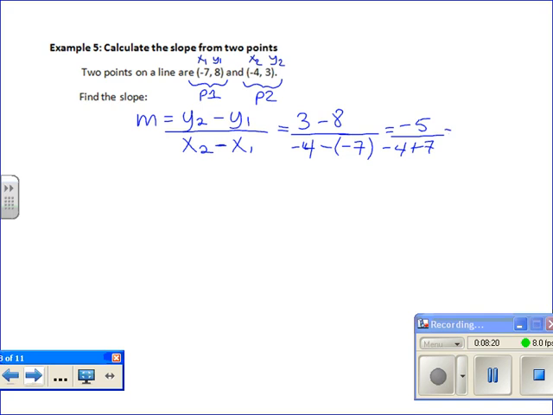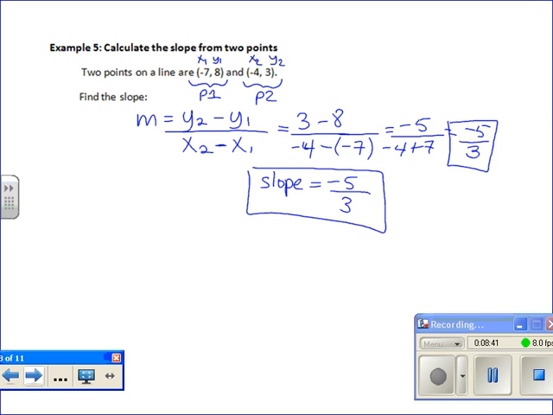And that's going to give us negative 5 on the top over, let's see, negative 4 plus 7 is the same as 7 minus 4. That's going to be positive 3. That's my answer. So my slope is negative 5 over 3. I'll write that out nice and clearly here. Okay, there's my final answer. That's my slope.